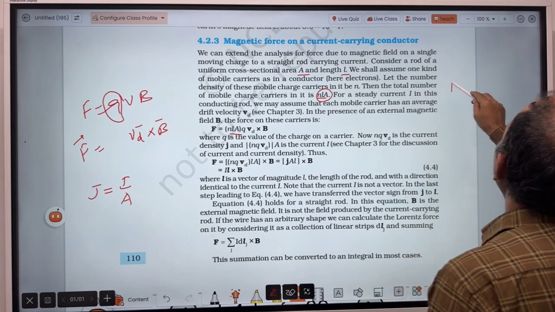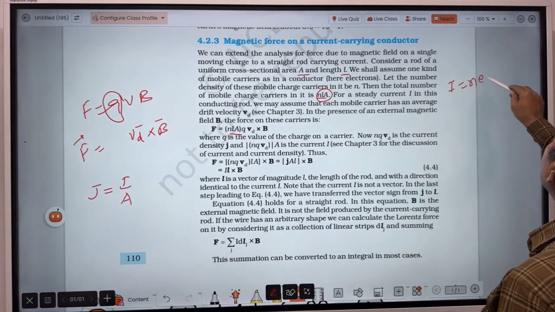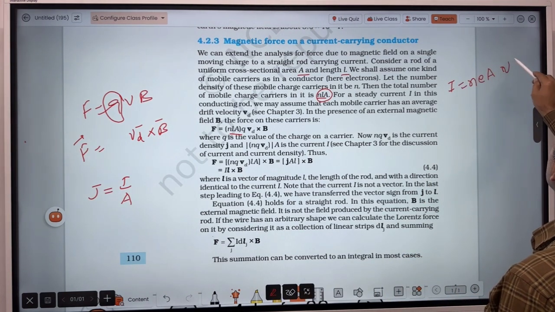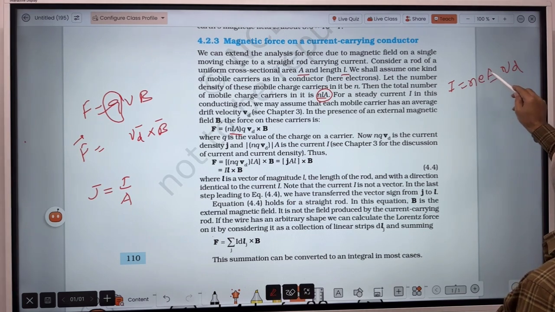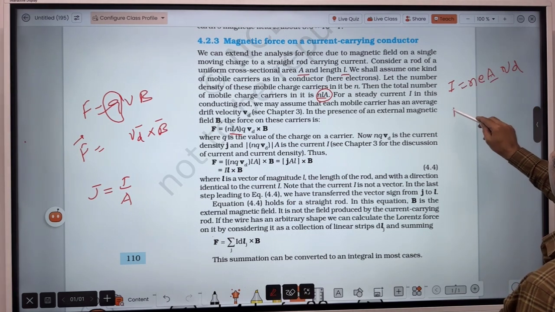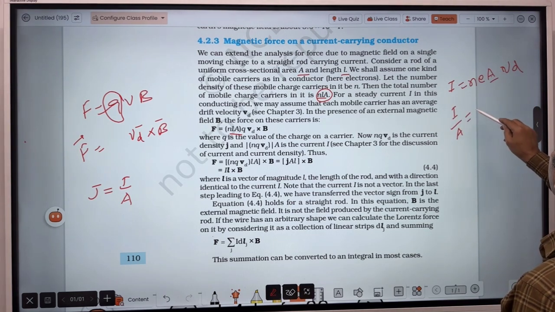Why? Because I equal to NEAVd, right? So if you divide this I by A, I upon A equal to NEVd.